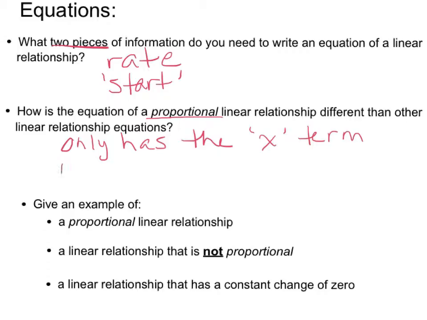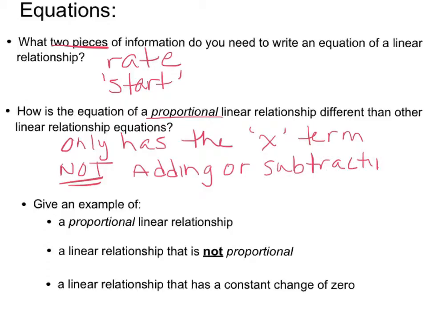It does not have anything being added or subtracted. There's no adding or subtracting in it. So remember, if it's a proportional relationship, it always just looks like y equals mx.